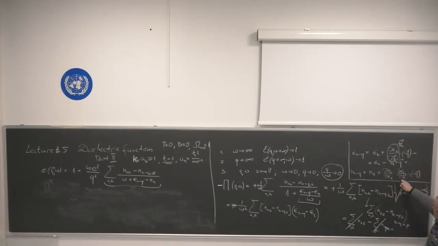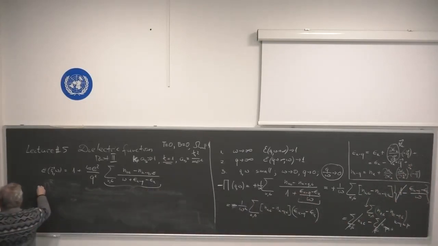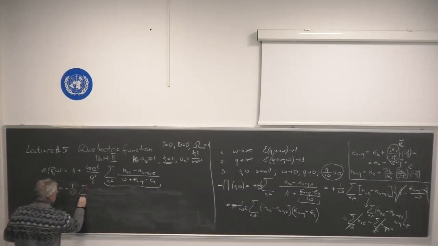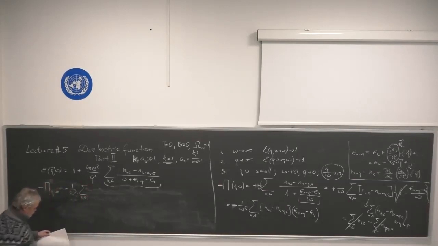Therefore, I have the derivative of the Fermi distribution function with respect to energy, and I have the same v k times q. Therefore, I continue here: minus pi q omega is equal to minus 1 over omega squared, the sum over k sigma.